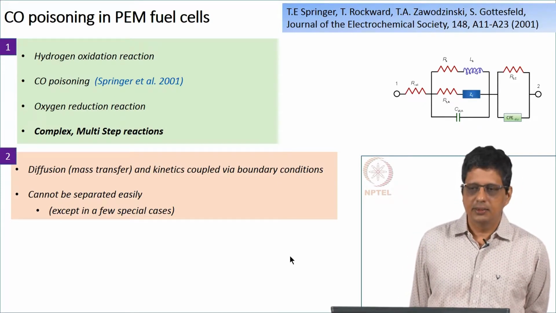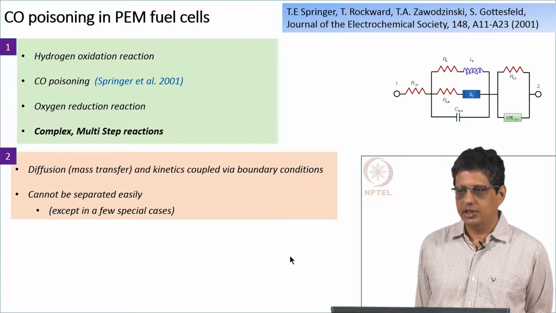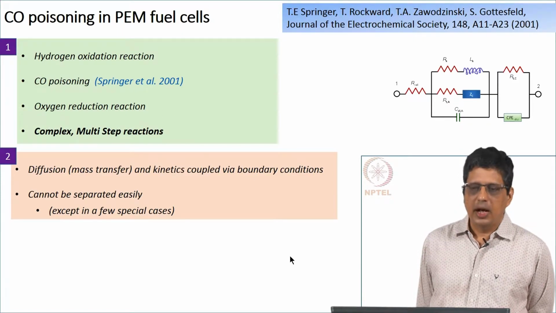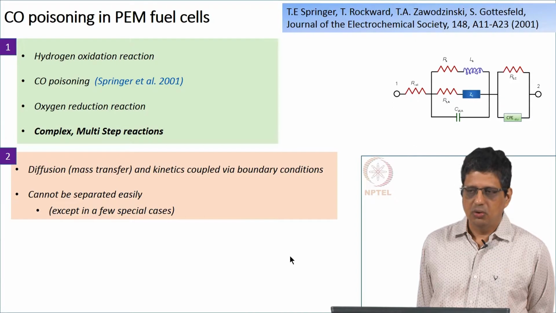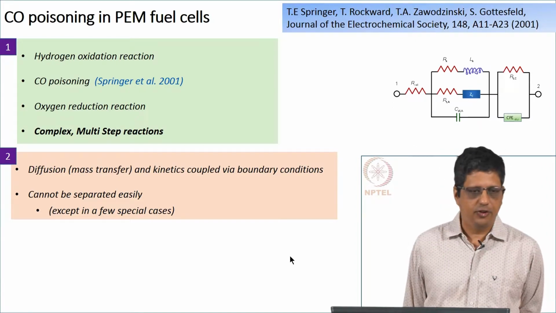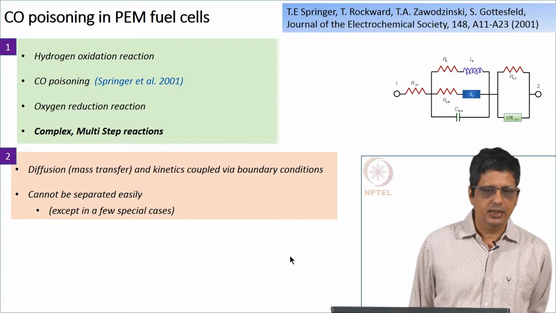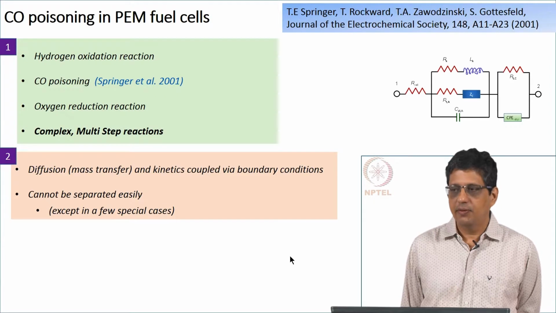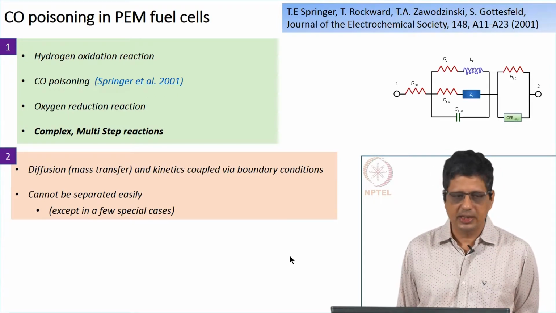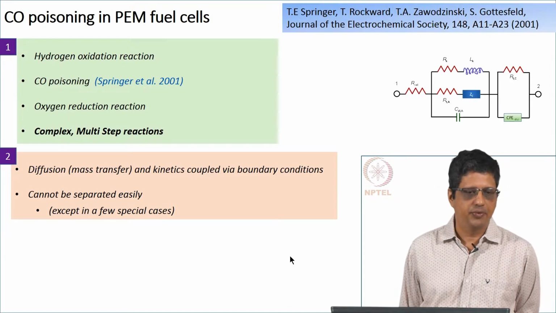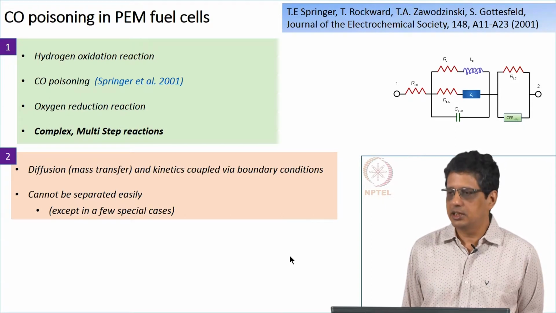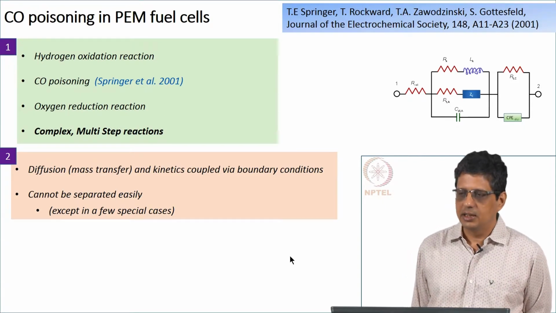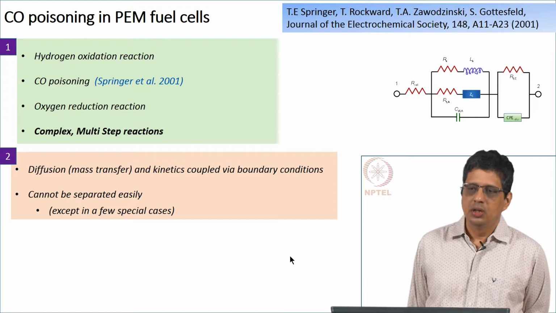In the simplest case, that is a simple electron transfer reaction at open circuit potential, one can write nicely separated expressions, one for the charge transfer kinetics and another for the mass transfer. But in general, we have not derived any expression for complex reactions with mass transfer limitations. We just mentioned that it is possible, but it is actually extremely difficult, okay.